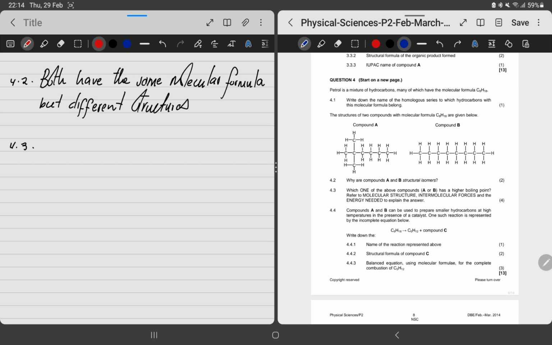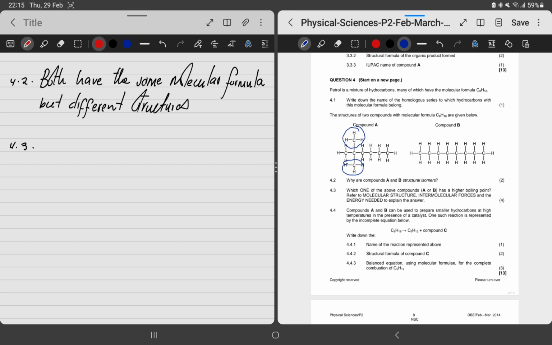Okay, let's take A for example. We know that both of these compounds have the molecular formulae C8H18. But when you look at A, it is more what? It is more branched. But B is what? Is linear. It means that B has a larger surface area than what?